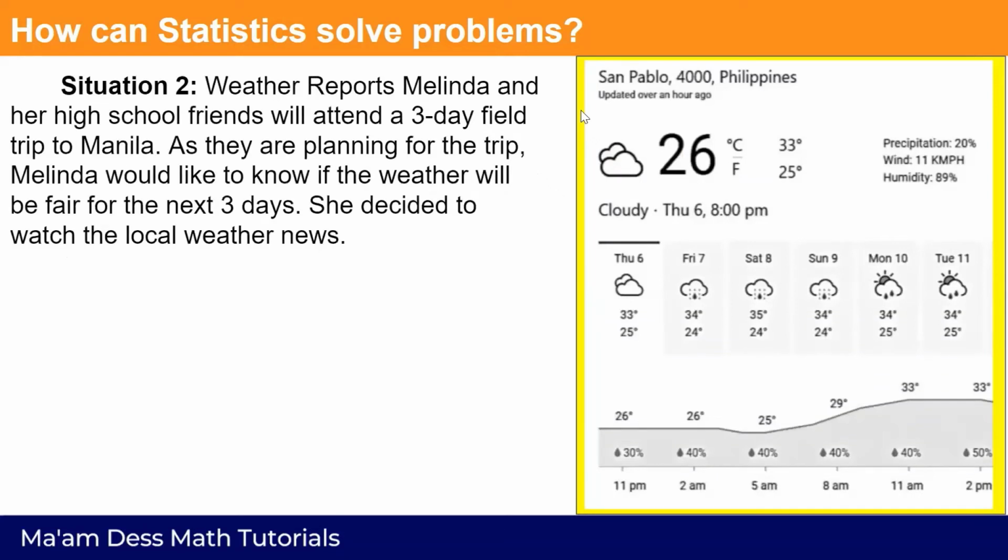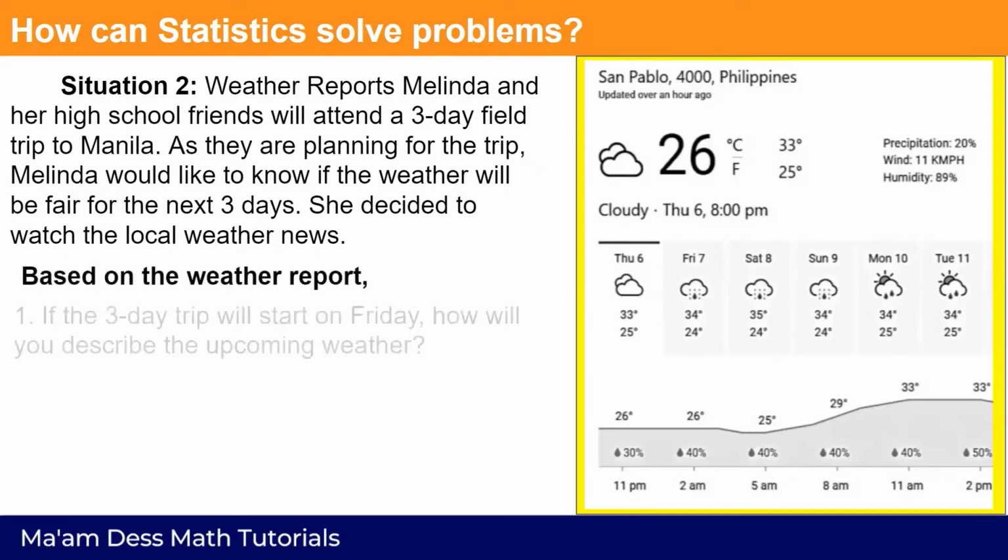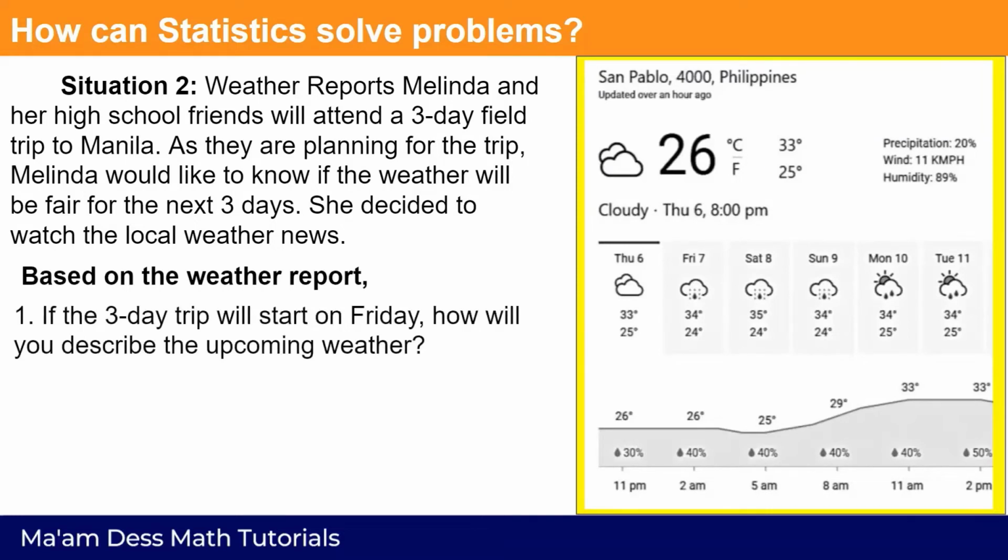Situation 2. Weather reports. Melinda and her high school friends will attend a 3-day field trip to Manila. As they are planning for the trip, Melinda would like to know if the weather will be fair for the next 3 days. She decided to watch the local weather news. Based on the report, question number 1.